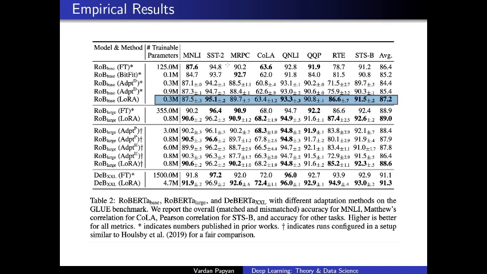For example, 91.2 turns to a little lower here, but on another task and data set, it's getting somehow better, 92.8 to 93.3.